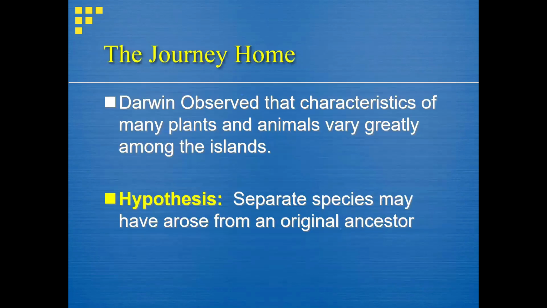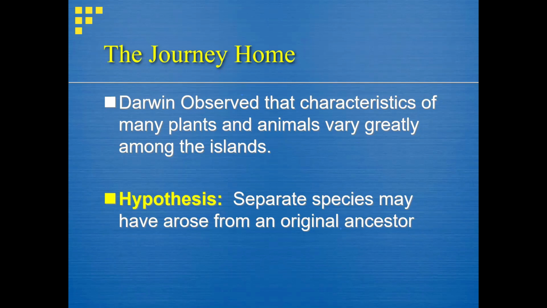So, the journey home. Darwin observed that characteristics of many plants and animals vary greatly among the islands. So it means that among the islands, the plants and the animals vary from one another. And then, according to his hypothesis, separate species may have arisen from an original ancestor.